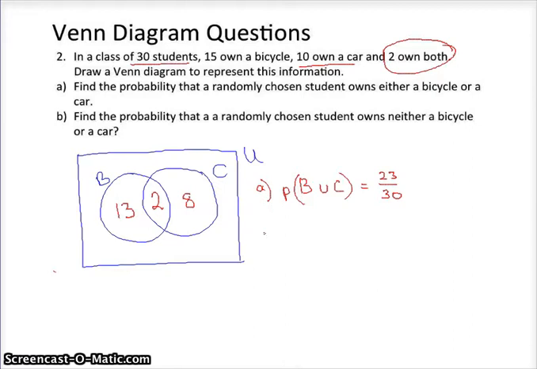Okay, and then B, the probability that a student owns neither a bicycle nor a car. So this is the complement. So the probability of (P union C) complement is simply 1 minus 23 over 30, which is equal to 7 over 30. And we can actually put that 7 in there.